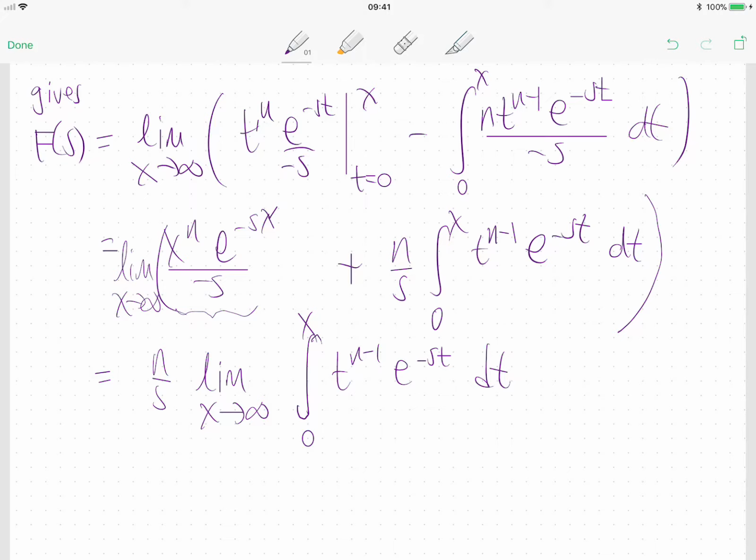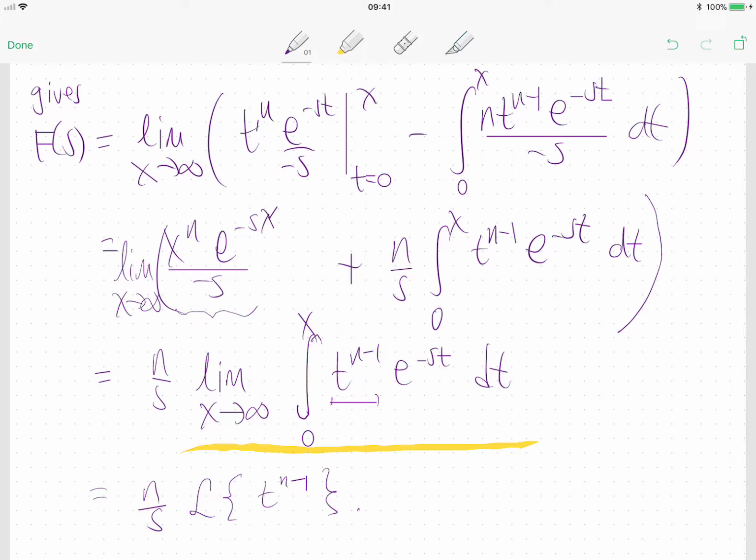Okay, so what patterns do we see here? Well, the first thing that jumps out to me is this thing here. Well, this is actually the definition of a Laplace transform for this function here. So actually what we can write is that it's n over s times the Laplace transform of t to the n minus 1.